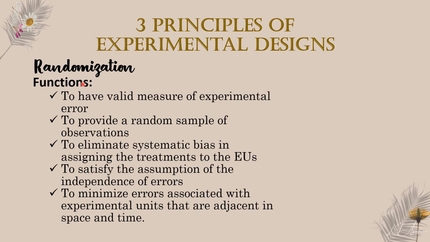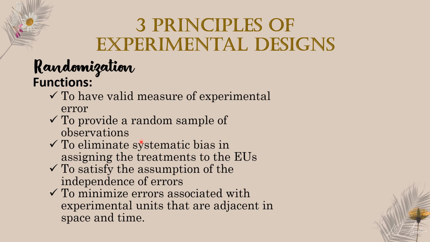And what are the functions of randomization? For you to have a valid measure of experimental error, to provide a random sample of observations, since probability theory carries the concepts of randomization, or in statistics, in experimental research, it is also under the statistical probability theory.